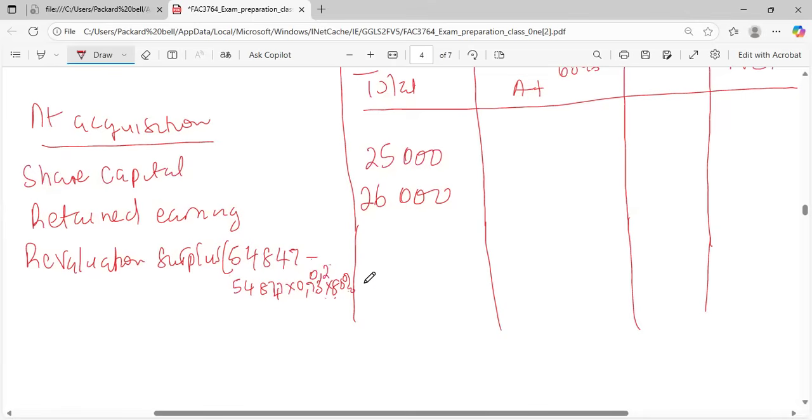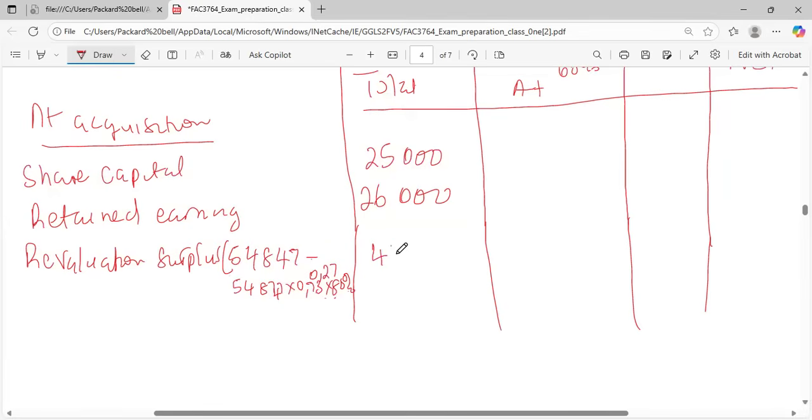Am I correct? Yeah. That's the figure that we are going to subtract. 54,847 times 0.27 times 80%. So that figure is the one that we subtract from 54,847. So how much are we going to have here?